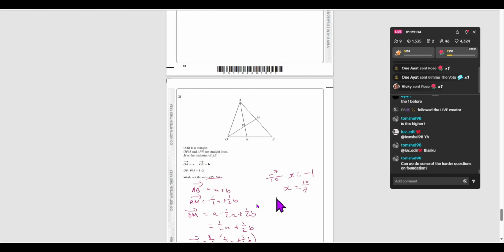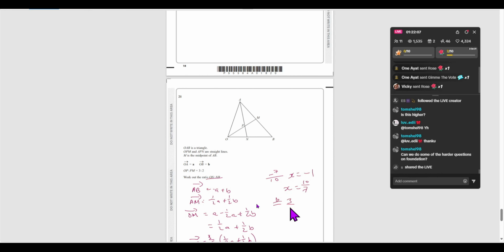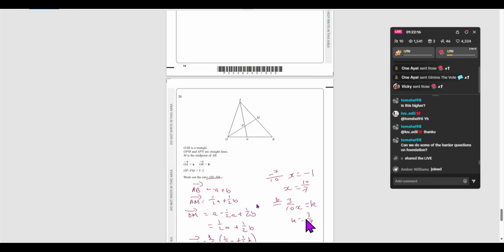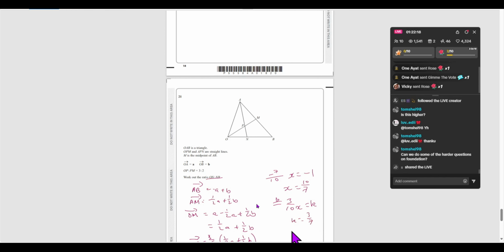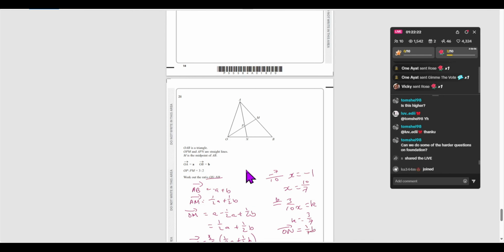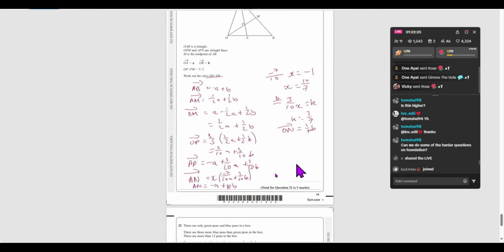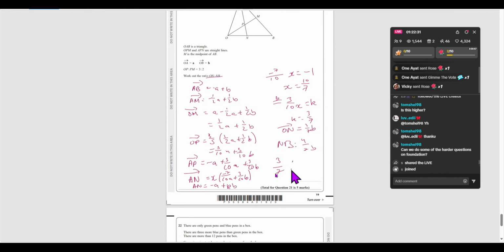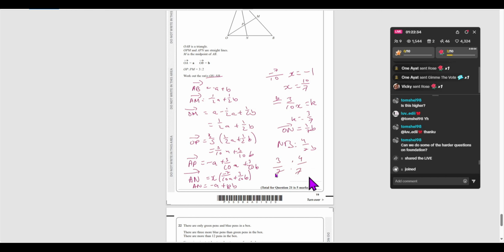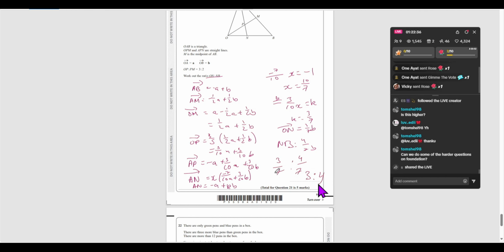And then for b, it will be 3 over 10 x is equal to k. And then k will be equal to 3 over 7. And then O to N will be equal to 3/7 b, whilst N to B will be equal to 4/7 b. And we put it into 3/7 to 4/7. You put it as a ratio, we get 3 to 4. Okay?